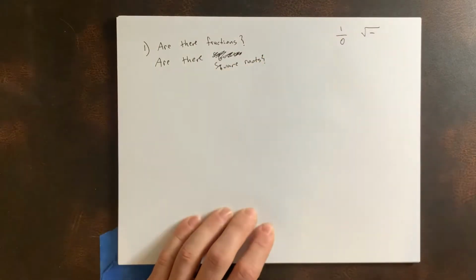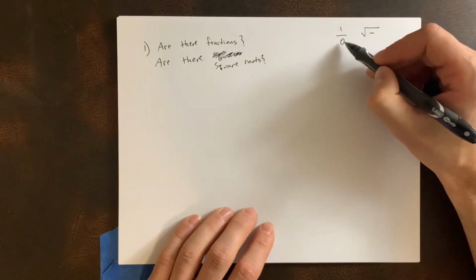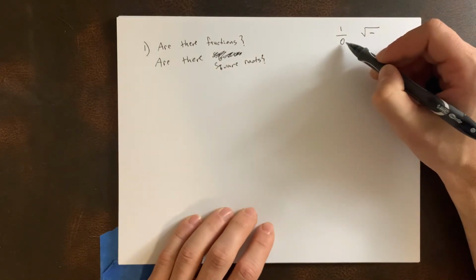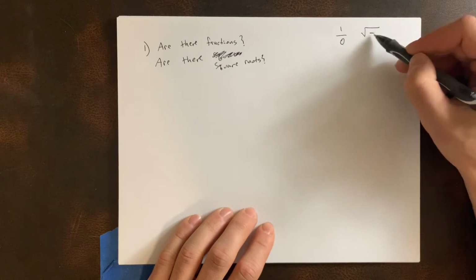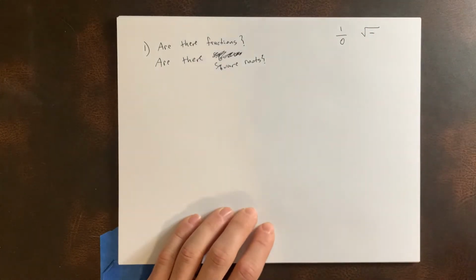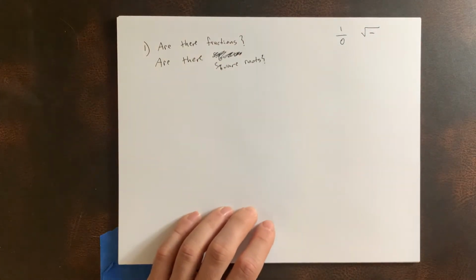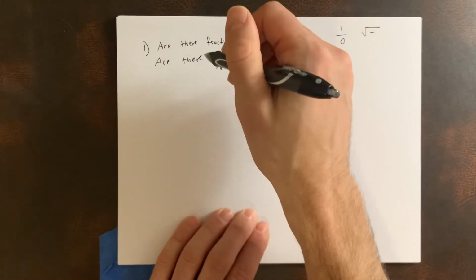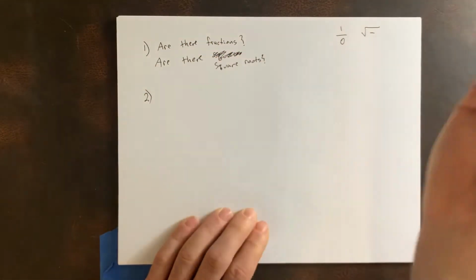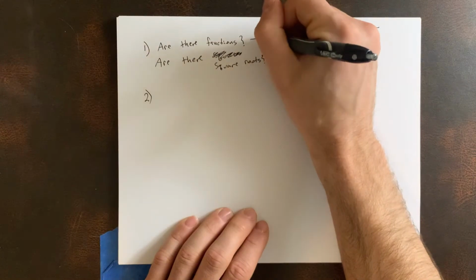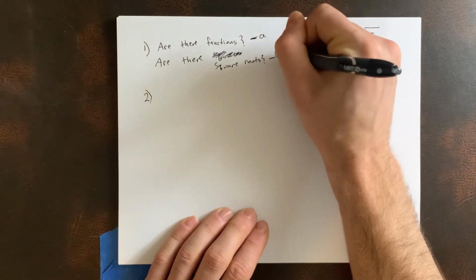We're asking these two questions because if there's a fraction, we have to make sure the bottom of the fraction can't be 0. If there's a square root, we have to make sure the inside can't have a negative in there. Let's call this part A and this part B.